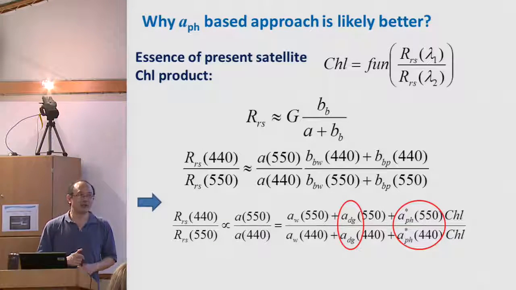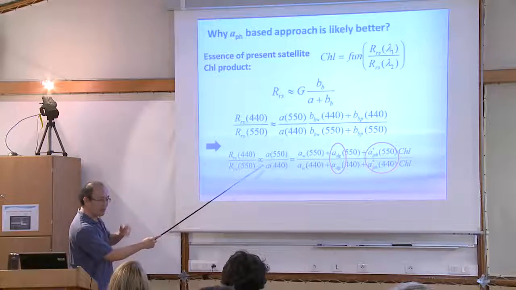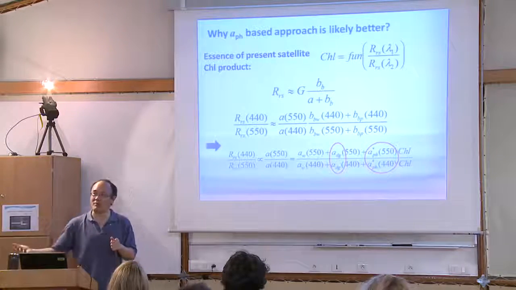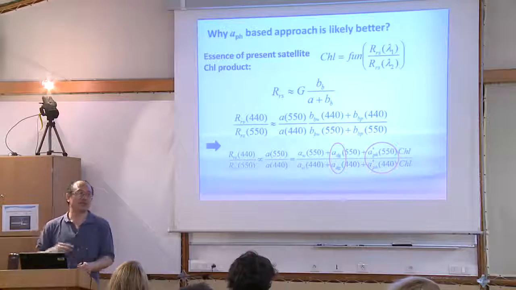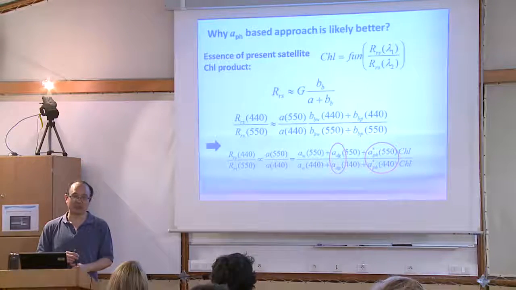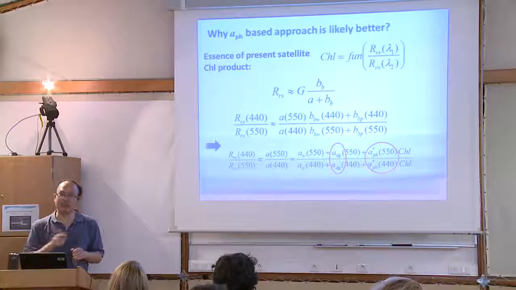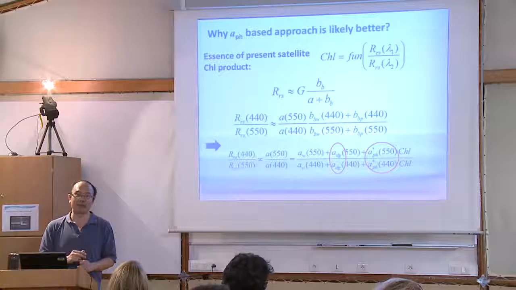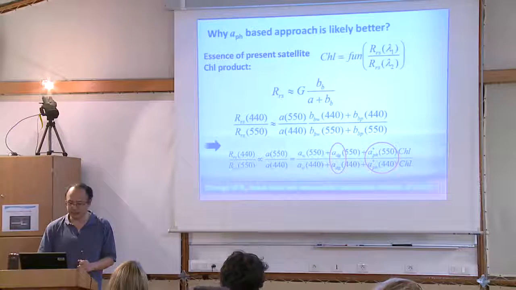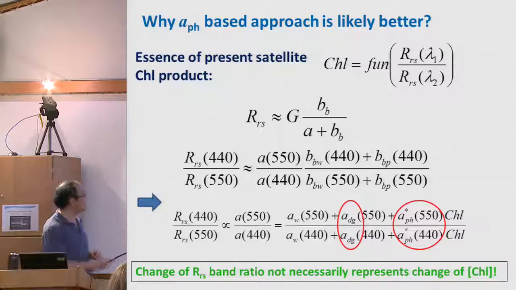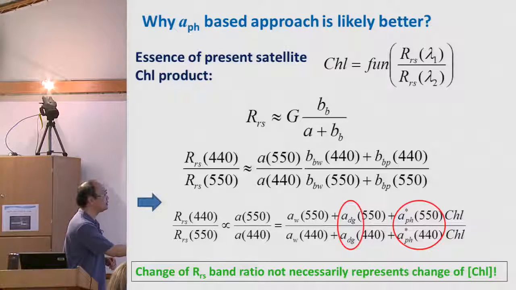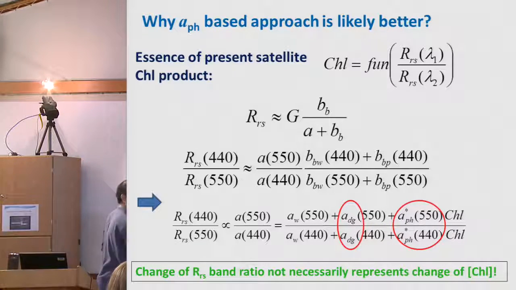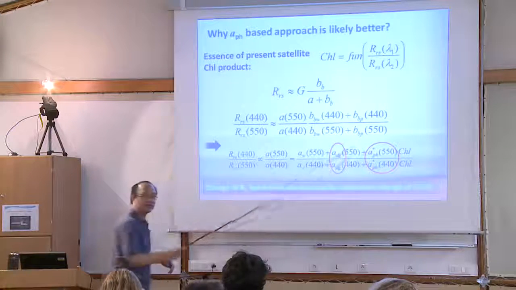Cannot. So from this ratio we get something we call chlorophyll. When that chlorophyll is put into the chlorophyll-based primary production model, it is guaranteed to introduce big uncertainties. That's why using the APH-based approach, in theory at least, we can get better results for primary production estimation. So I emphasize: a change of the RS ratio does not necessarily represent a change of chlorophyll. It could simply be a change of this or a change of this.